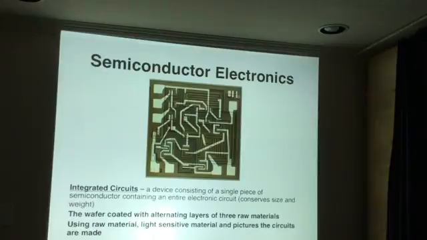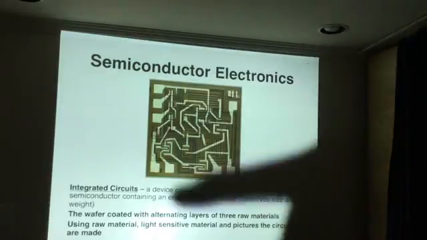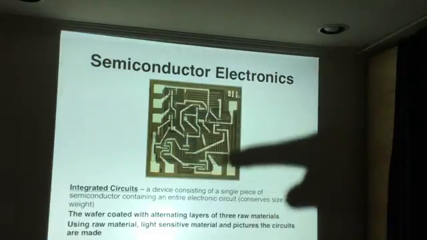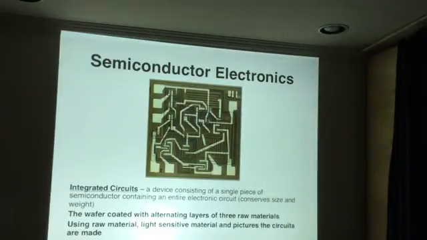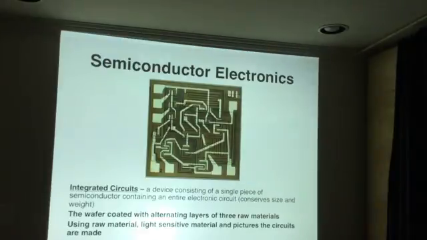And so this is actually produced by taking light sensitive material, and they shine a picture of this on this wafer, and they do that several times over a period of time, and they ultimately end up with a very thin little square that has this outline, and then they can attach electricity to one or the other ends, because the picture is set up in such a way that they know what they have to attach to each of these ends in order to complete the circuit that they want to complete.